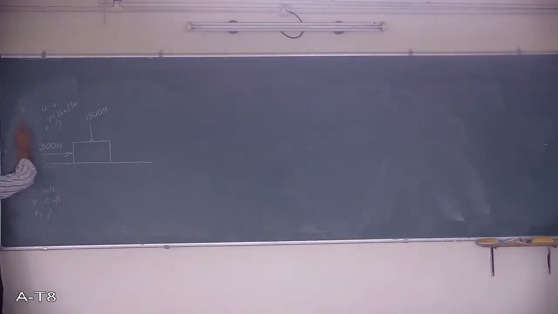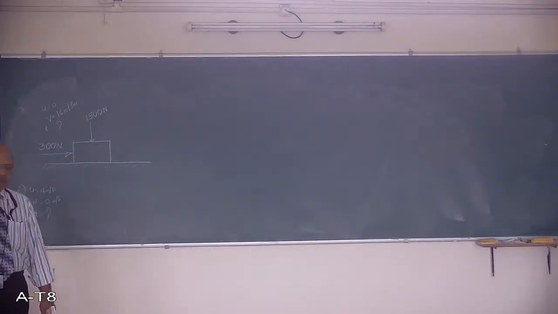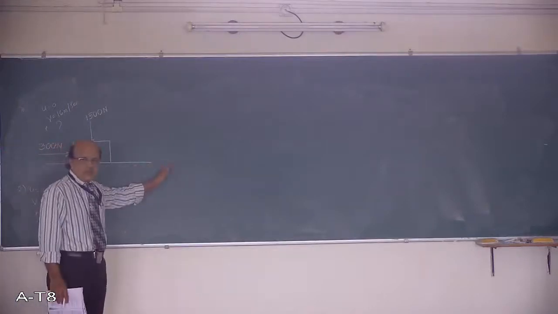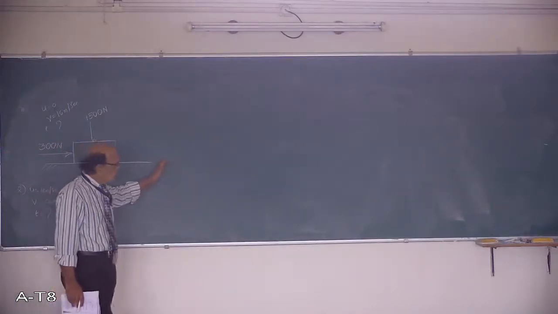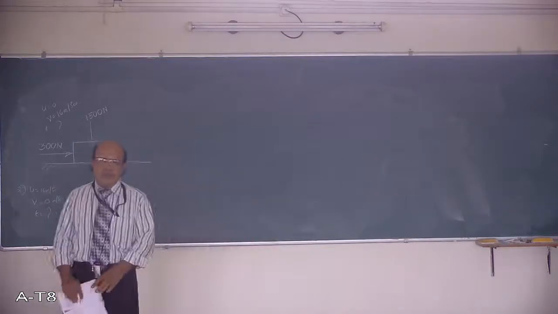Two things they have asked. So when you apply the force, the block starts moving and reaches 16 meters per second, then you remove the force, and it will go and stop. Both times have been asked.